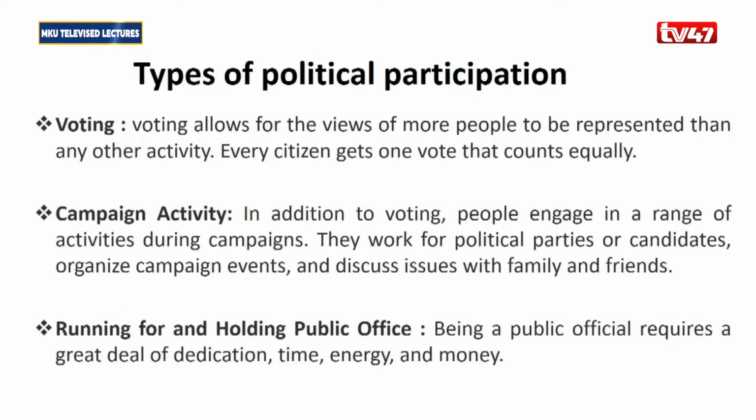What we mean by campaign here is trying to convince other people to vote for a particular candidate. This can happen in discussions, through advertisements, or by discussing your specific candidates with friends. If you are engaged in that type of activity, then that is a type of political participation.